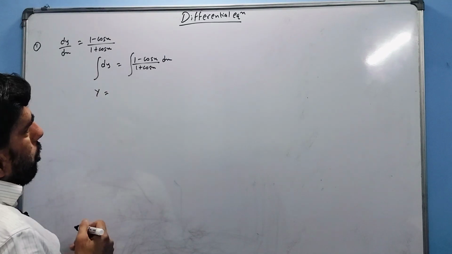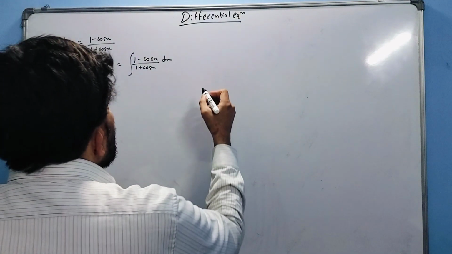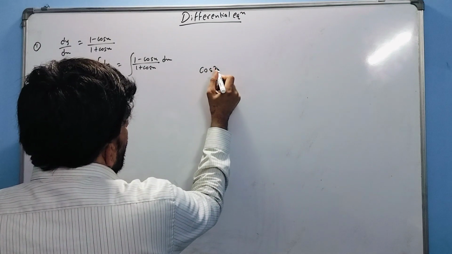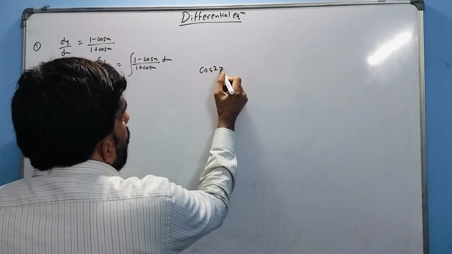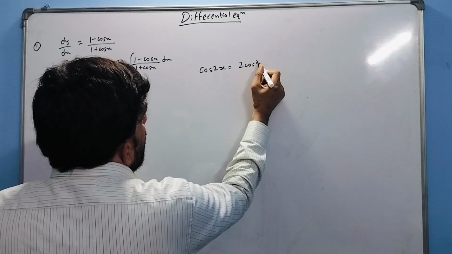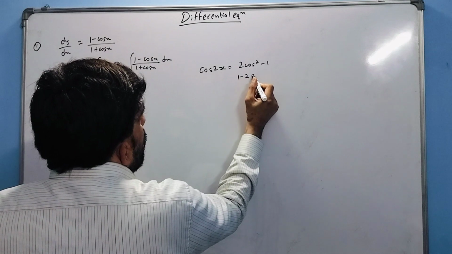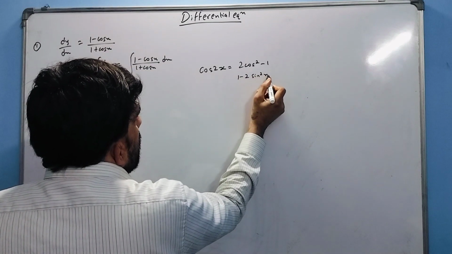What we can do is use the formula for cos 2x. We know that we have two formulas for cos 2x which we use most commonly, that is 2 cos square x minus 1 and 1 minus 2 sin square x.